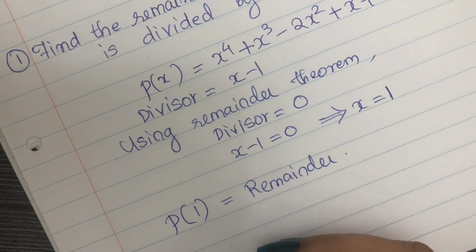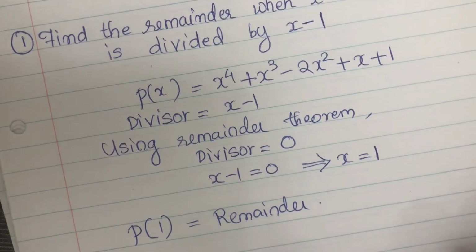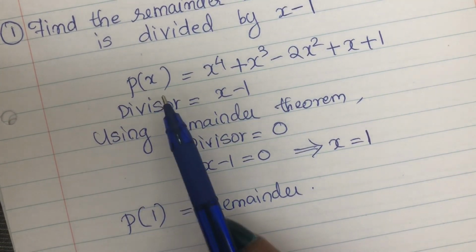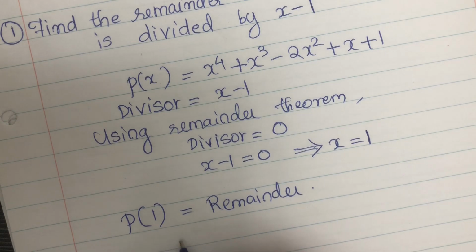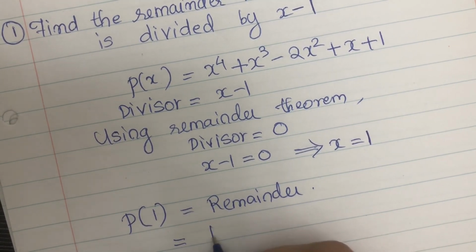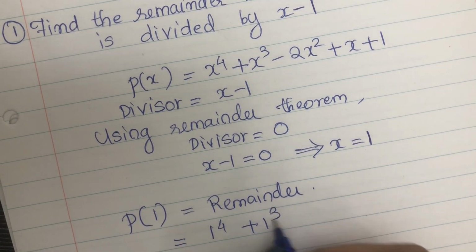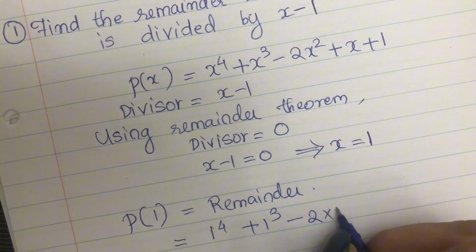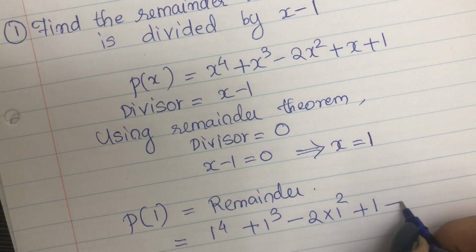So we'll put 1 in the place of x and see. P of x is this one, so we'll put x equal to 1. So p of 1 is 1 raised to 4 plus 1 cube minus 2 into 1 square plus 1 plus 1.